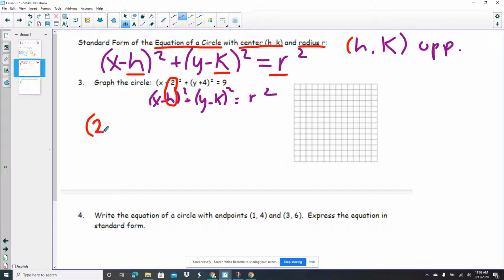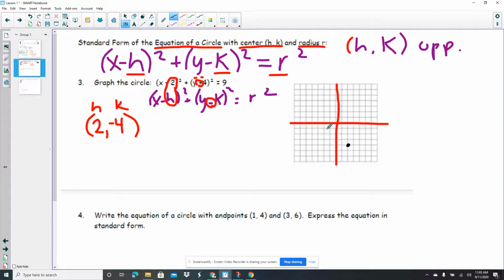Now, this y matches up, but this doesn't match up. That's a minus and that's a plus. How did it become a plus? It was a minus a negative, right? So that k value is a negative 4. Although it looks like a positive 4, in standard form you want to think opposite signs. So that's my h, that's my k. Let's plot that here. All right, go over to the right 2, down 4, and there's my center.